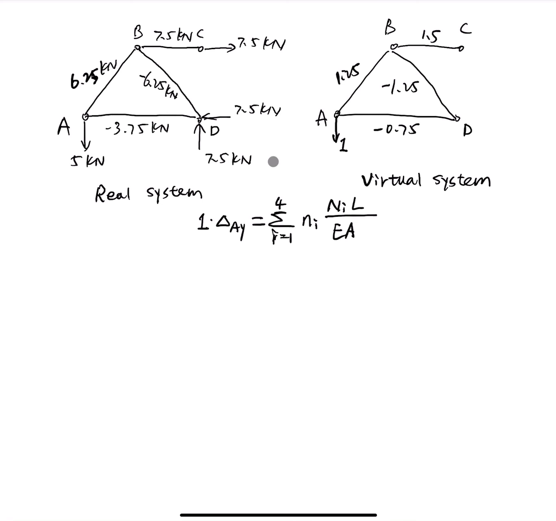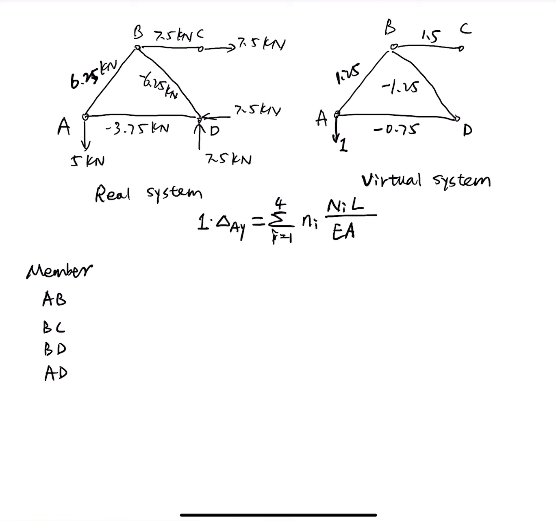Because we have a summation here, which involves 4 members and many terms, the best practice is to build this calculation in a table. For this table, the first column is the truss member. We have AB, BC, BD, and AD. We have 4 truss members.